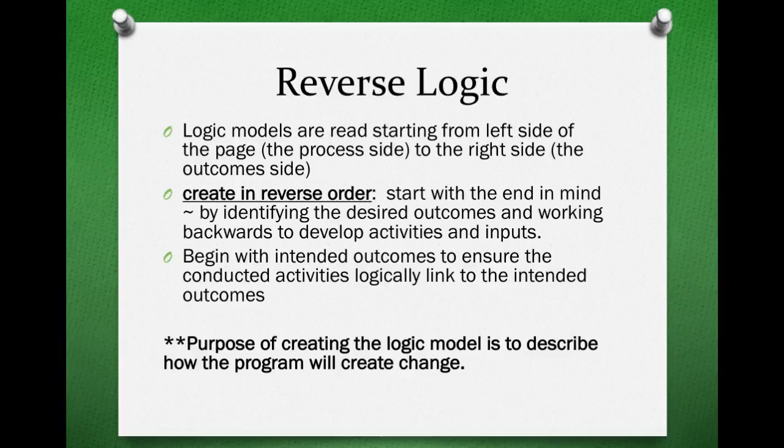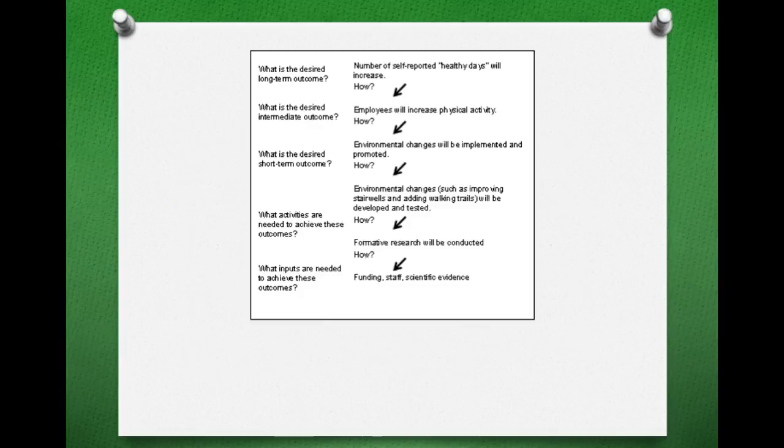Normally we start from the left, but the reverse logic starts from the right, starts from where we want to end up. So if we want to end up with number of self-reported healthy days to increase, we ask, how are we going to get there? Well, we're going to increase employees' physical activity. How are we going to do that?